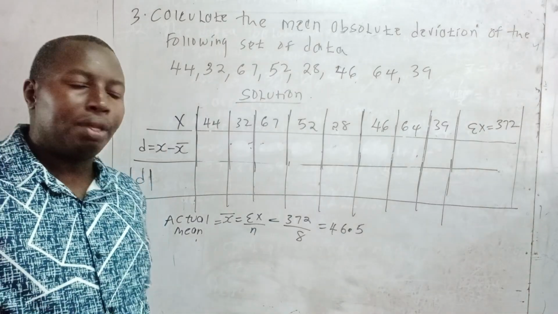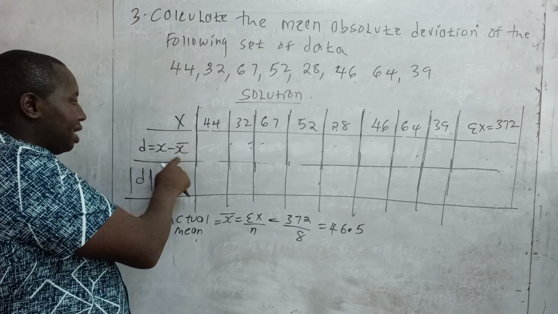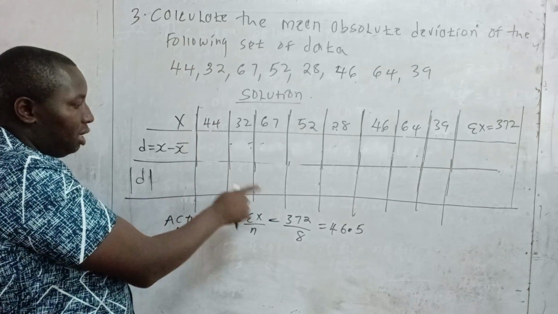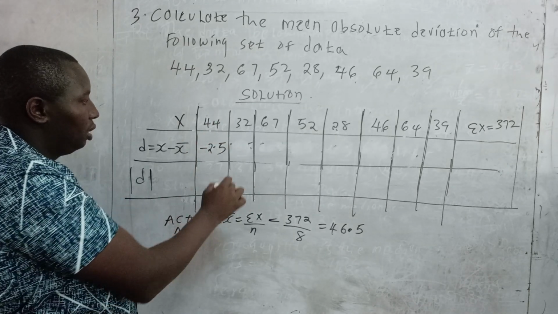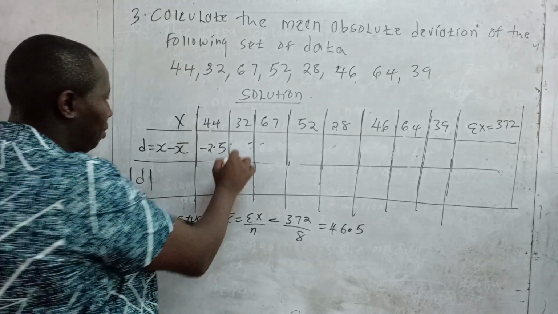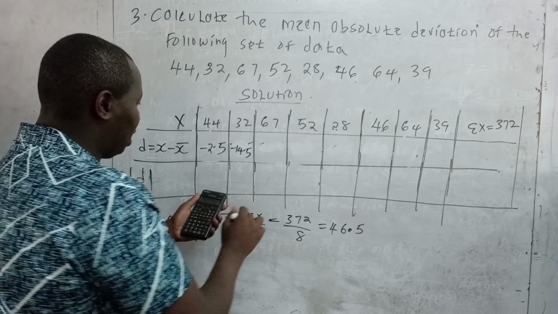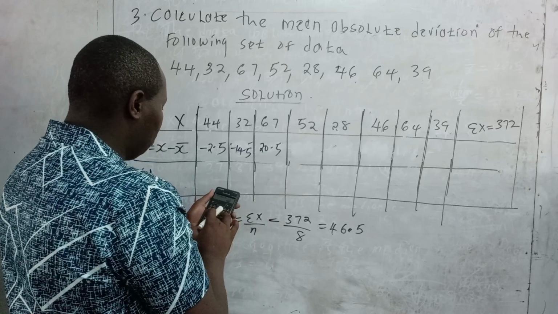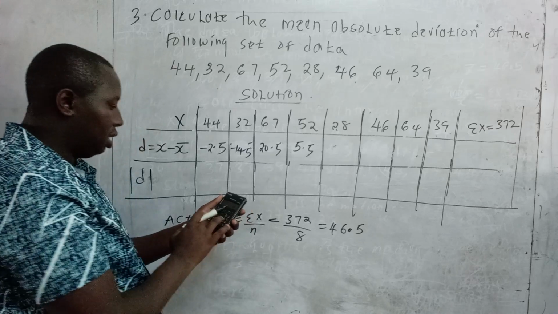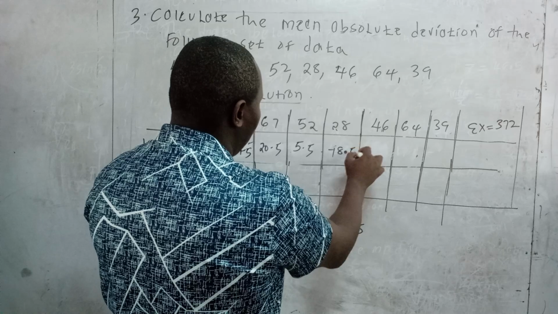Once you get the actual mean, you make a row for deviations, x minus x bar, the given values minus the actual mean. You subtract 44 minus 46.5, that comes to minus 2.5. 32 minus 46.5 comes to minus 14.5. 67 minus 46.5 comes to 20.5. 52 minus 46.5 comes to 5.5. 28 minus 46.5 comes to minus 18.5.